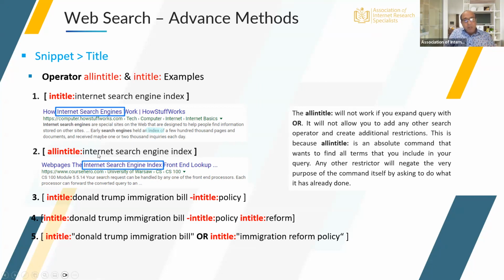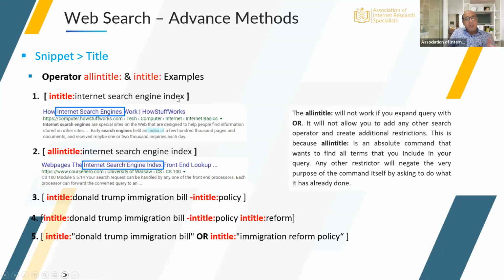Now talking about the word internet, whereas all in title ensures the 3 words search engine and index are there, the word internet will have to be the starting word, the first word. Or you could say that the word internet will behave the same way as in the case of in title colon, meaning it will be given no option to be dropped, or where the word internet is mandatory for the search to find in the returned results and specifically in the title statement.